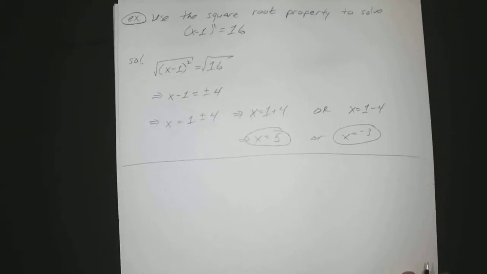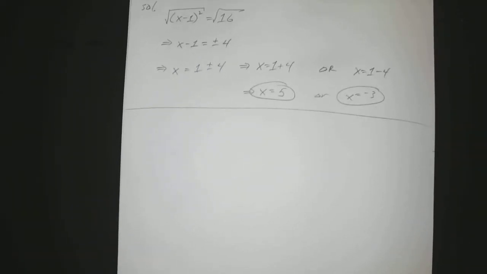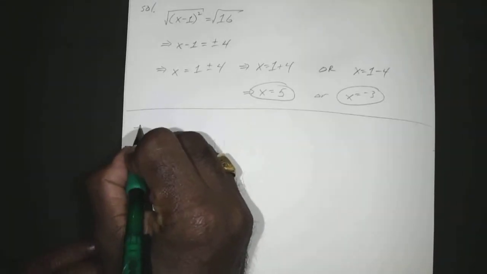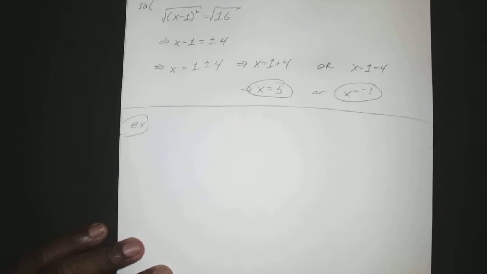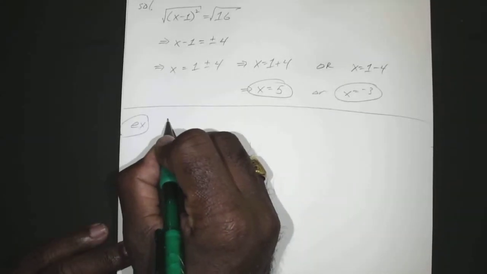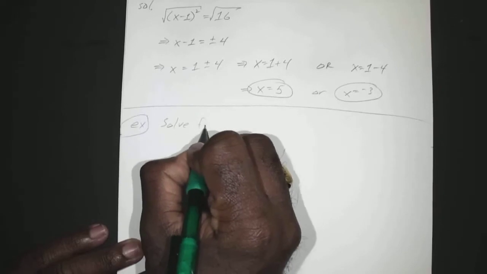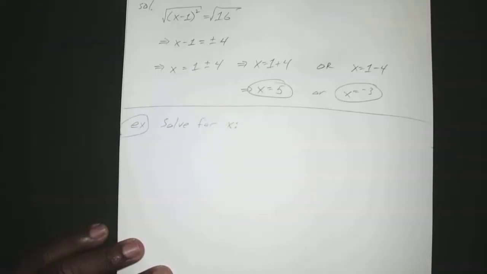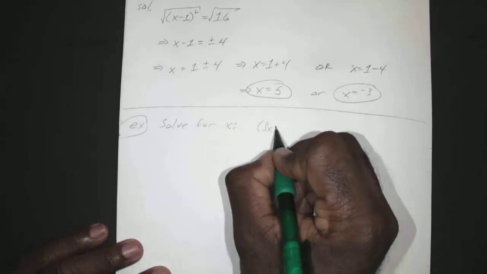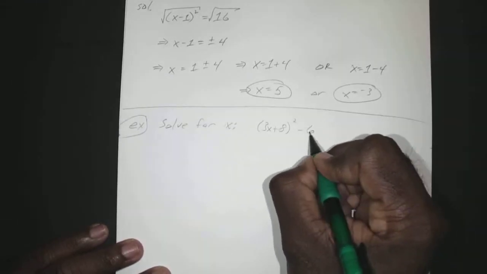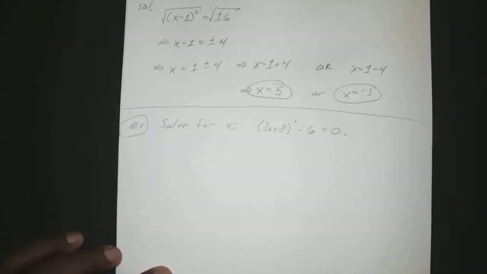Okay, so let's do one more quick example, and then we'll go into completing the square. Let's say we wanted to solve for x, 3x plus 8 squared minus 6 equals 0. With this one, you wouldn't just jump in and square root both sides. You can only square root both sides once you've isolated your squared term.